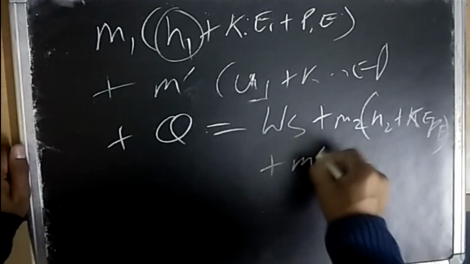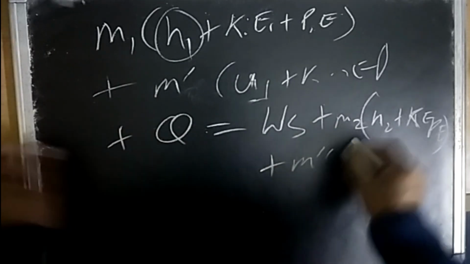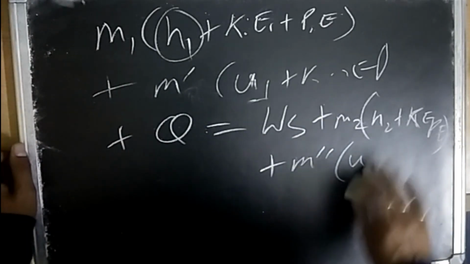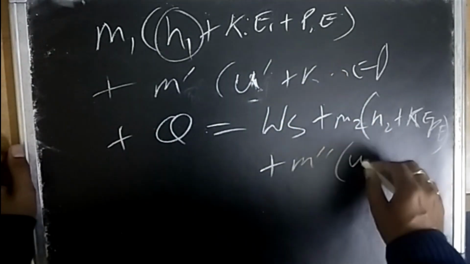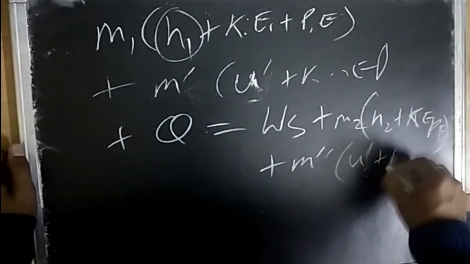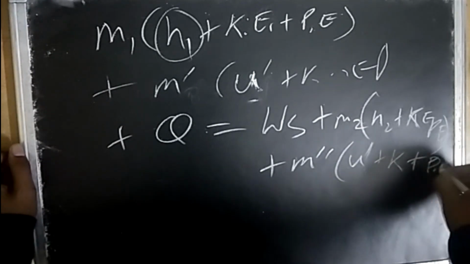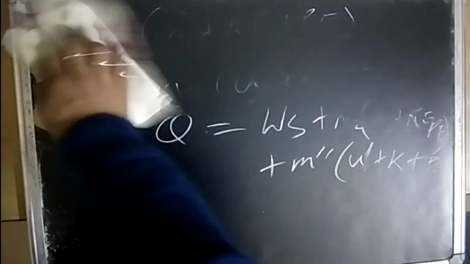And finally the thing that remains accumulated: U dash, and this is U double dash plus KE plus PE. Kinetic energy is half mv square and potential energy is mgh.